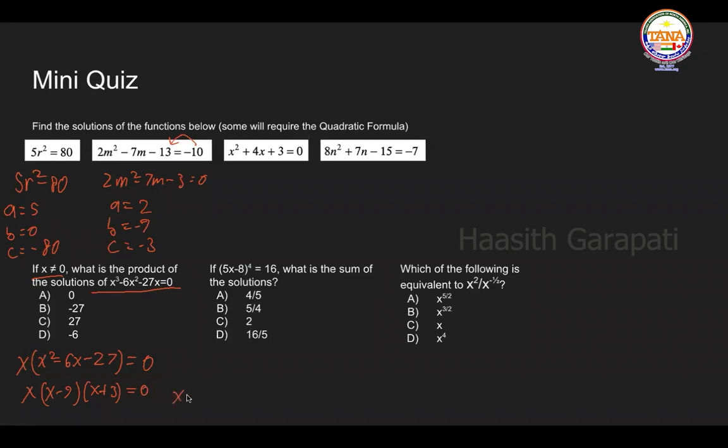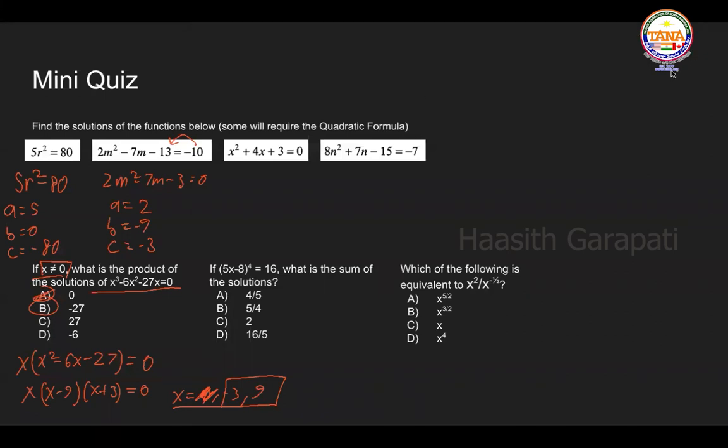And then we get x is equal to 0, negative 3, and 9. And then, the product of the solutions, it's going to be equal to 0, right? Well, no, they said x is not equal to 0. So we have to ignore this. And then we are just left with negative 3 and 9. Therefore, B is going to be the correct answer.